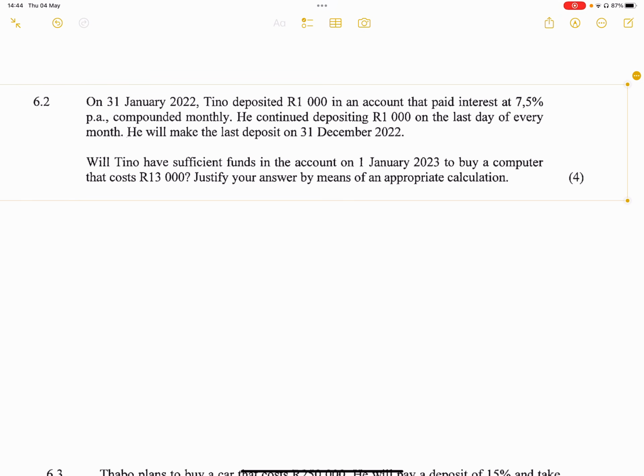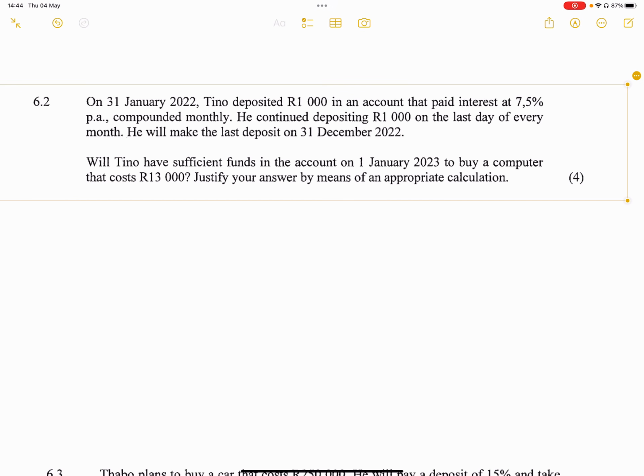So he continues depositing 1,000 rand on the last day of every month. He will make the last deposit on the 31st of December 2022. So that's a 12-month cycle.